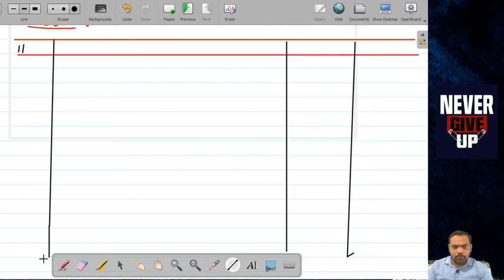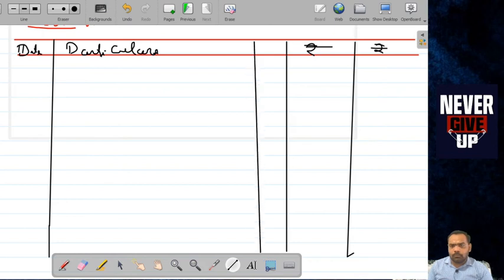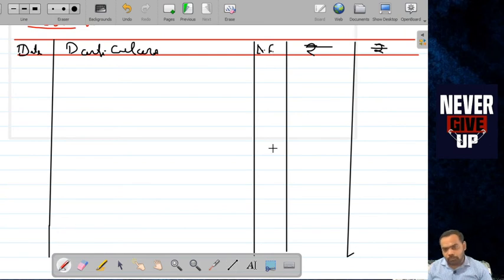Date. Okay, let's understand. When the company issues shares, the company receives the application money.